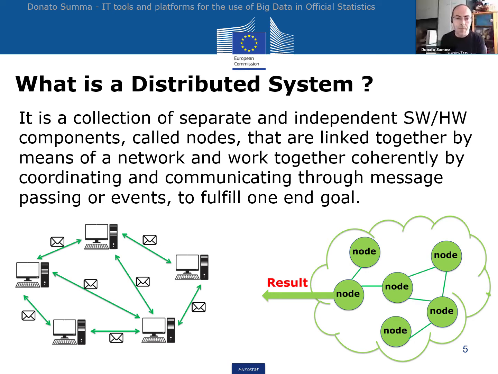So as you can see in the slide, we have several machines, several computers in a network, and they work together by passing messages over the network. And at the end of their cooperation, they provide a result.